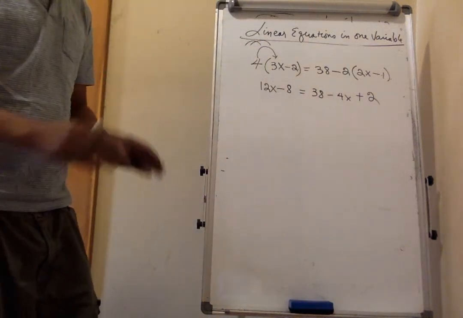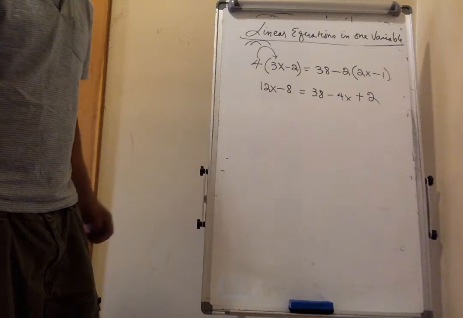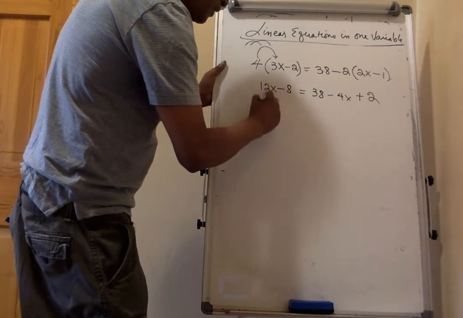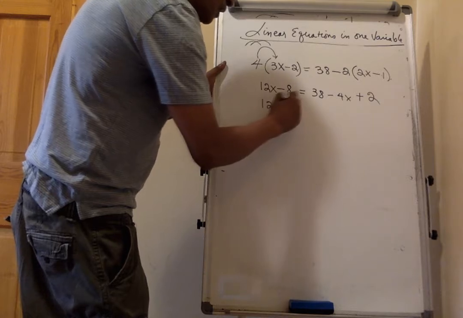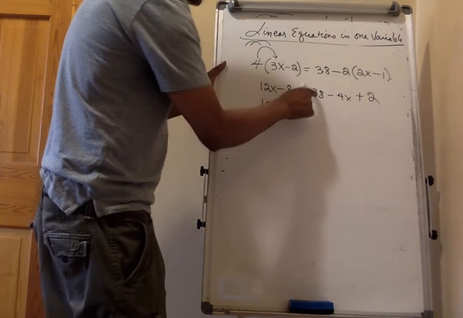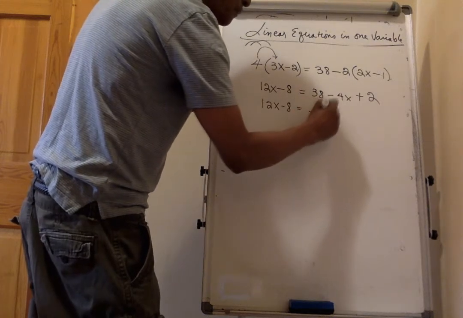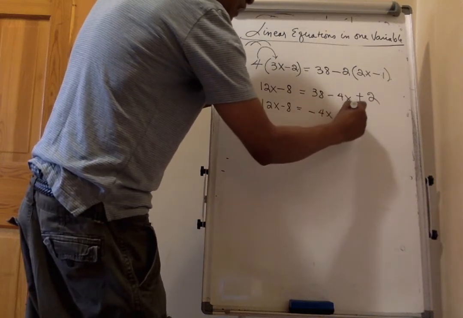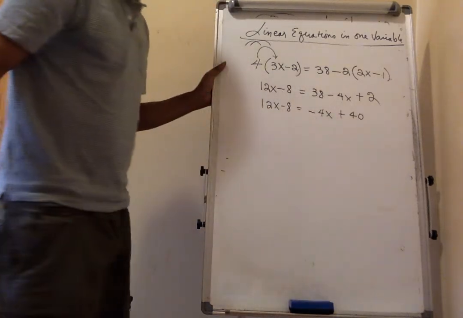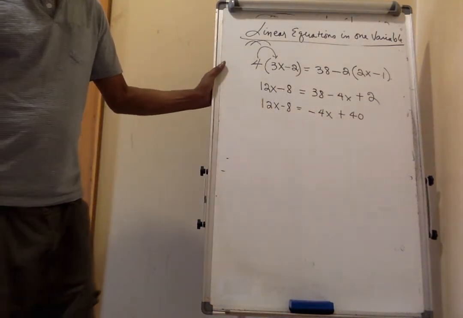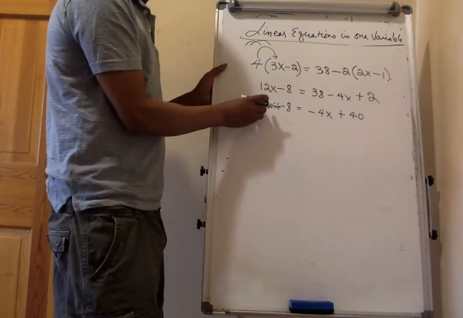Now our first step is done. We got rid of the parentheses. Now, let me rewrite again because I want to simplify this one. I have 38 and 2, and because they are like terms, I have to combine them. Then I get 40. Now I have to move minus 4x to this side.